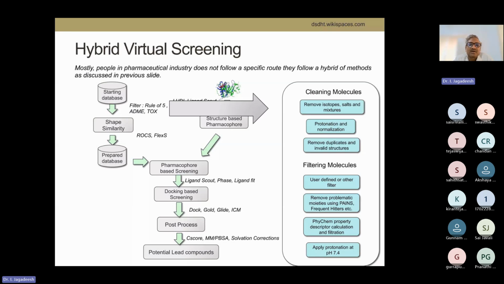Or we take the structure-based pharmacophore from the docking, and we do the screening with respect to that particular pocket. And ultimately, we use docking studies with GOLD, Glide, and ICM, and in post-processing we use C-score and solvation corrections to identify the potential lead molecule.